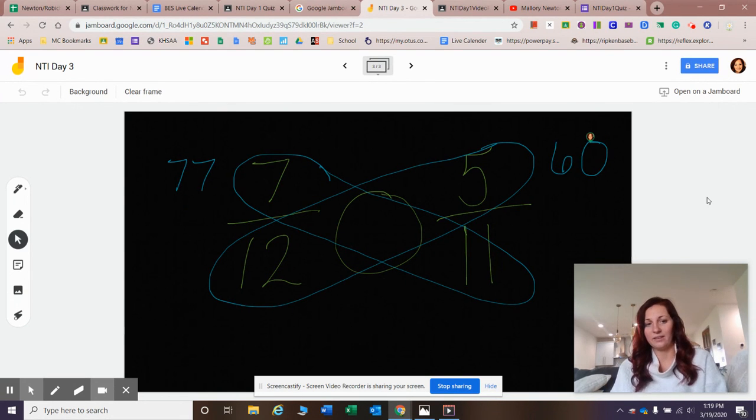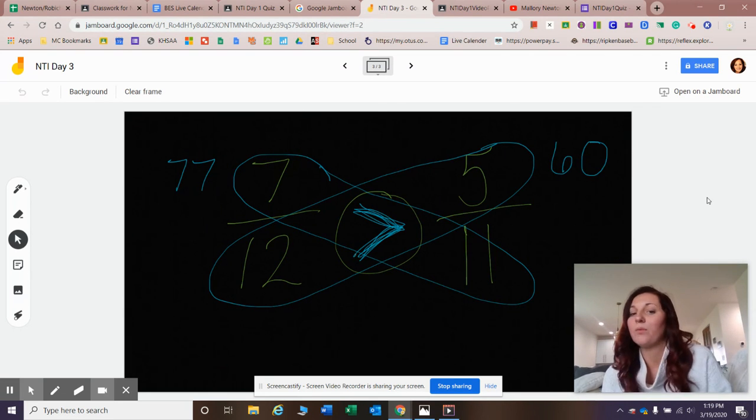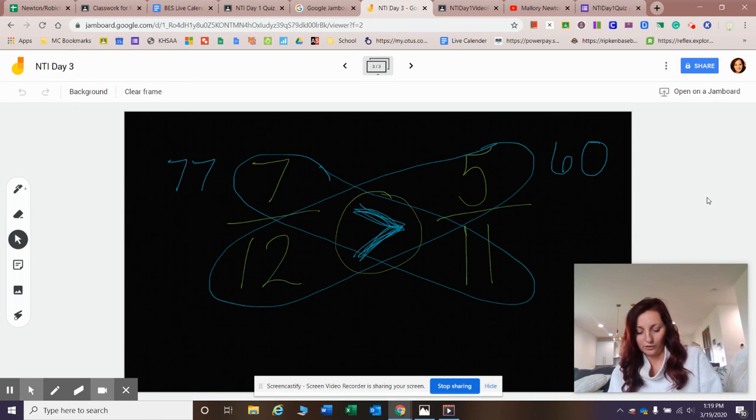We know that 77 is greater than 60. So I would read this as 7/12 is greater than 5/11. Remember, our alligator always eats the bigger number, or you can think about the bully always points to the smallest number.